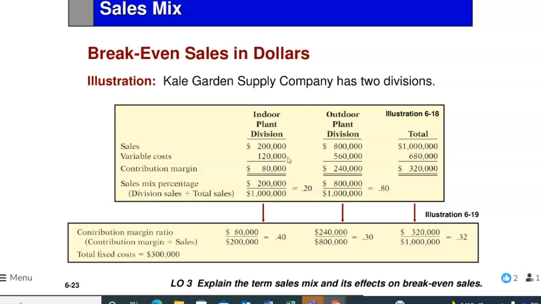Remember, contribution margin ratio is contribution margin as a percentage of sales. So 80,000 as a percentage of 200, I get 40%. And for outdoor, I take 240 as a percentage of sales, and I get 30%. The weighted average is going to be 32%.